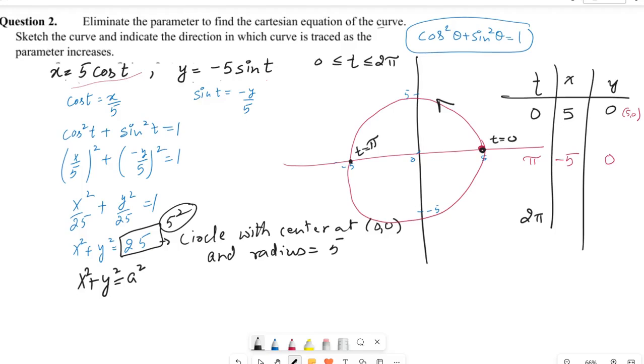At 2 pi, 5 cosine 2 pi is 5 and y is again 0. That means we are back at the start. So this is a full circle, going in this direction: 0, pi, 2 pi, and so on in between. This is a complete circle because t is going from 0 to 2 pi, and we are going in the counterclockwise direction. Direction is really important to tell in parametric equation curves.